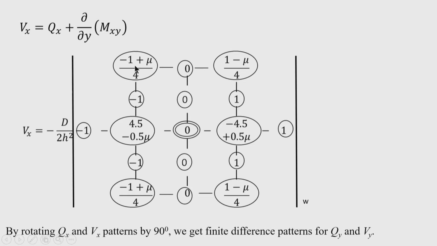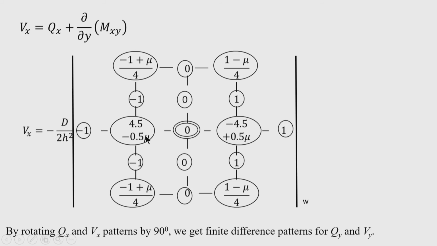Then other columns are written as, towards right it is (1 minus mu) divided by 4, 1 minus 4.5 plus 0.5 mu, then (1 minus mu) divided by 4. In the left hand column you are getting (minus 1 plus mu) divided by 4, minus 1, then (minus 1 plus mu) divided by 4. So, antisymmetric pattern is noted.